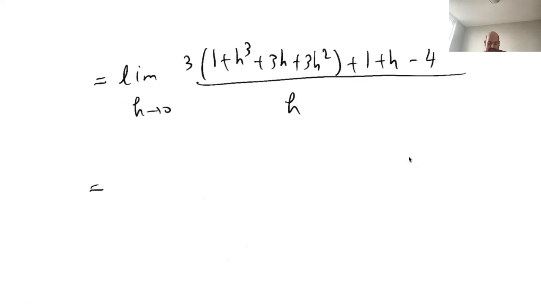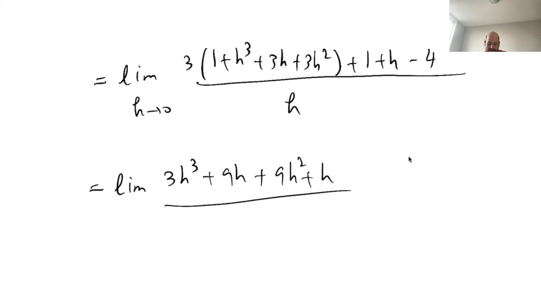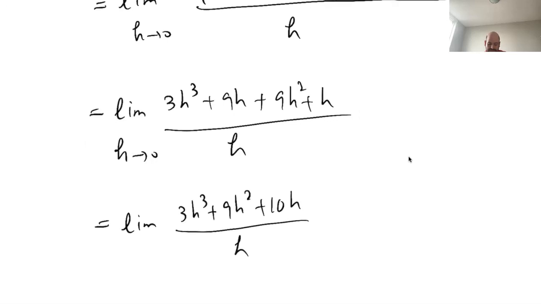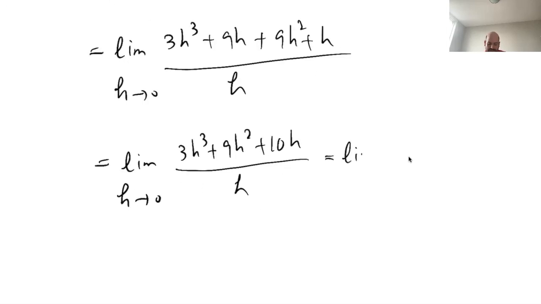So then I'll have limit 3h cubed plus 9h squared and plus h divided by h, h approaches 0. And then this is limit 3h cubed plus 9h squared, 10h divided by h, h approaches 0.